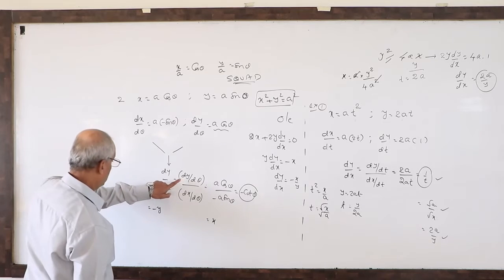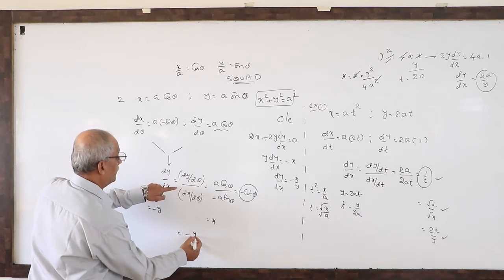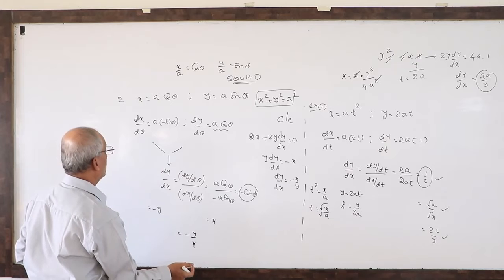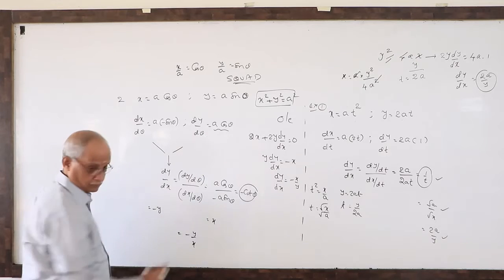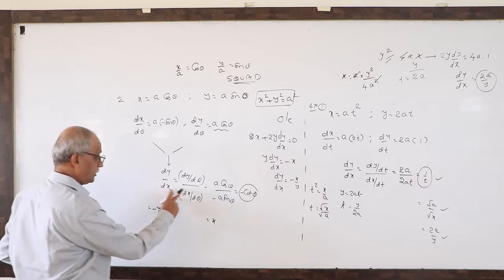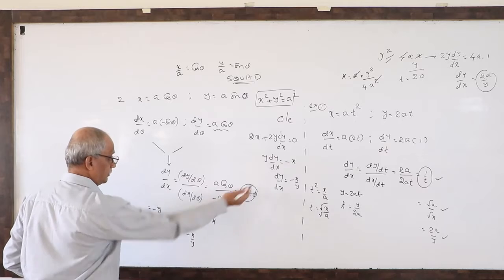Substitute here: dy by d theta, first this one, minus, and dx by d theta is minus y. So dy by dx is minus x by y. Answer you got?